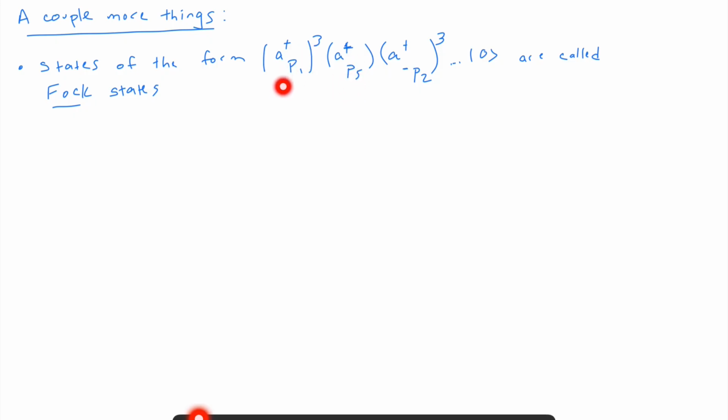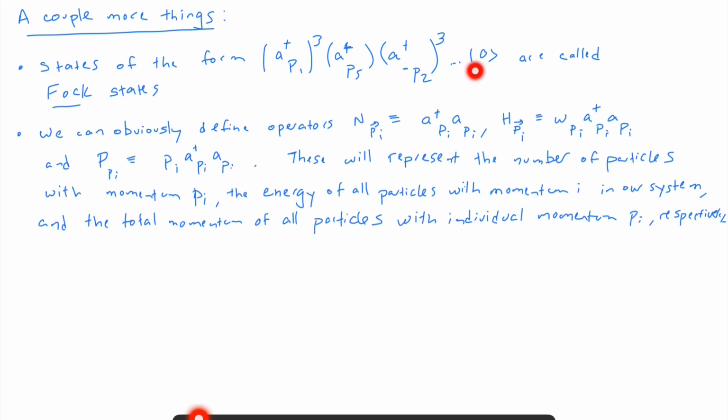Here we hit it 3 times with the p1 operator. Anything like this with any combination of this is called a Fock state. I'm not a physicist, and I pretty much learned things on my own by reading, so I'm probably going to mispronounce half these names. I just call it a Fock state. I think it's pronounced a little differently, but that's just me and my English interpretation. So any of these states created in this fashion are called Fock states.